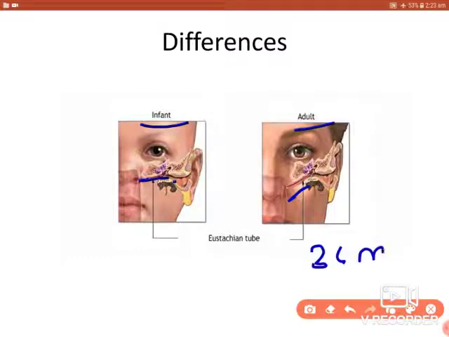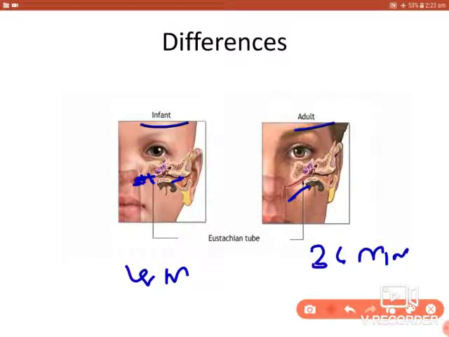In children it is only 18 millimeter, and it's wider and more horizontal. That is the reason why ear infections are more common in children. That means the auditory tube acts as a channel of infection from the nasopharynx to the middle ear.